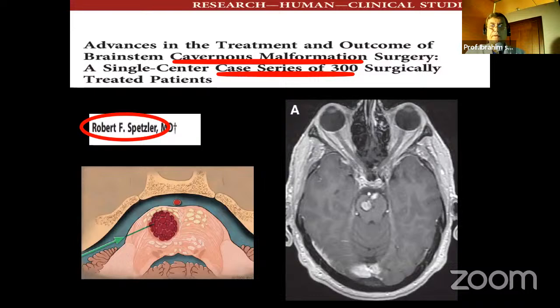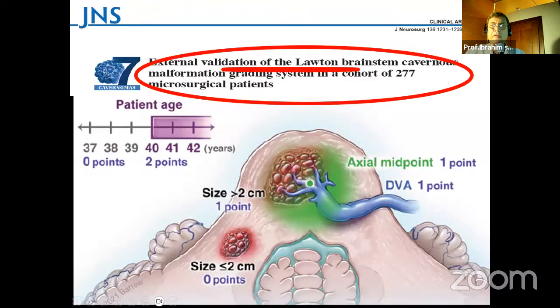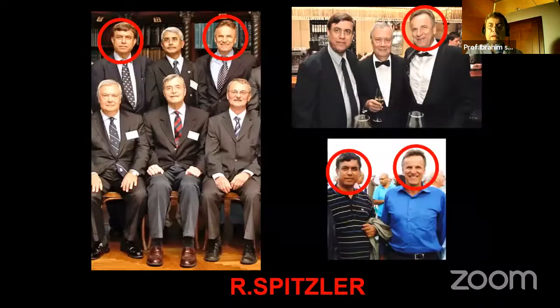I looked at this paper by Robert Spetzler, the famous vascular neurosurgeon from the States, presenting their 300 cases of cavernomas. Beautiful paper. And the paper by his successor, Michael Lawton, about 277 cases of brainstem cavernomas. And here, by the way, is Spetzler. He came to Jordan many times.